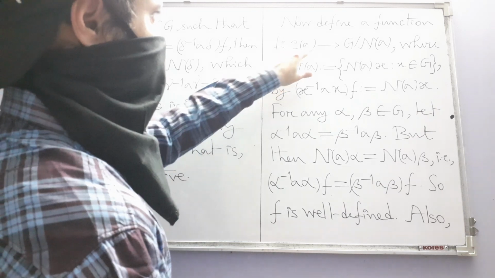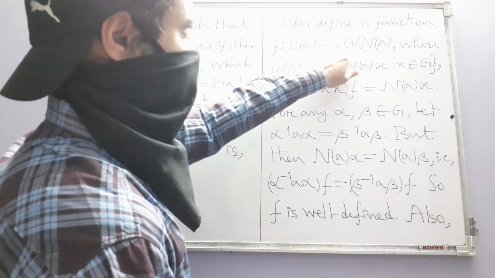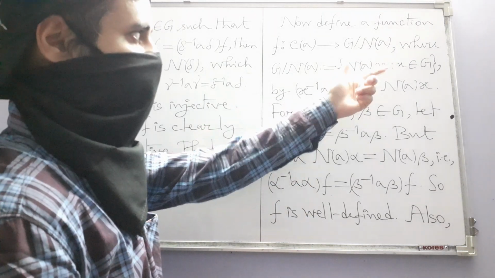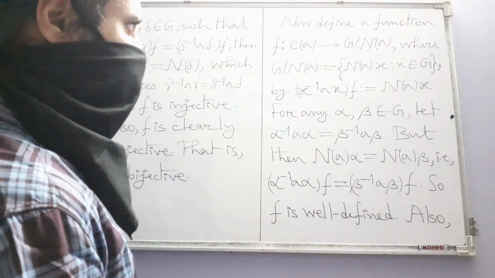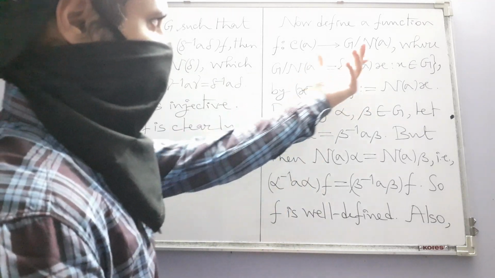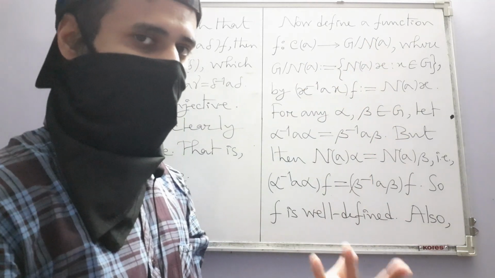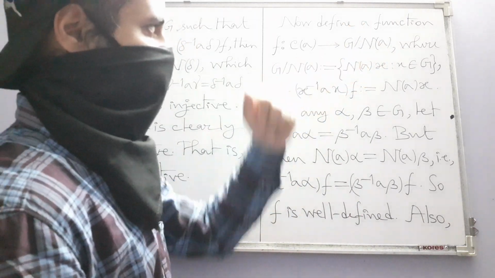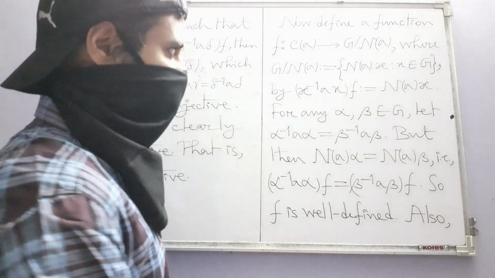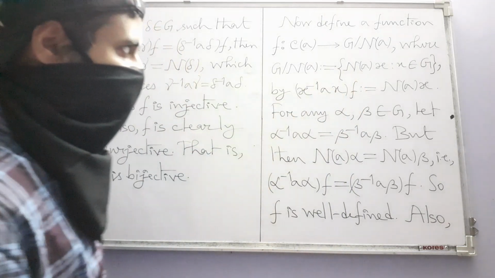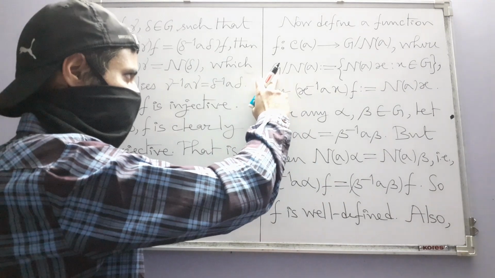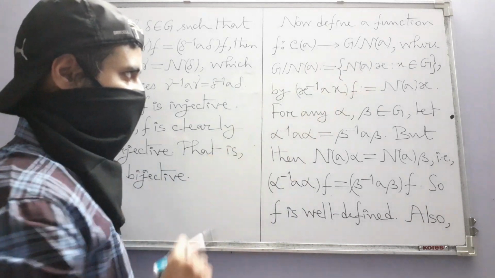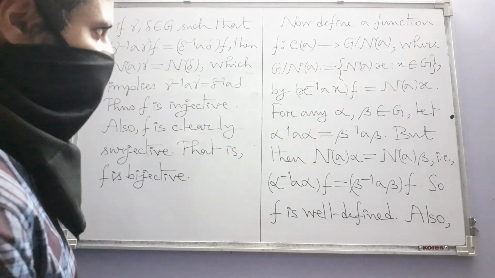So f is a bijection between this conjugate class and this set of all distinct right cosets of NA in G. But what is the number of elements in this set called? That is nothing but the index of NA in G. And we have a formula for calculating that number also. It is the order of G divided by the order of NA. Precisely that many distinct right cosets NA will have in G.